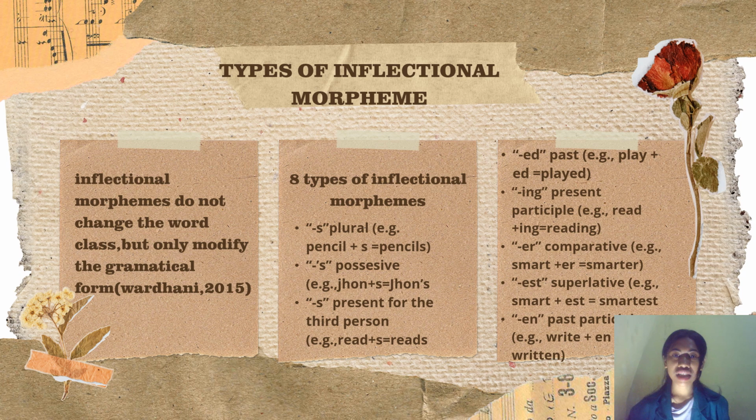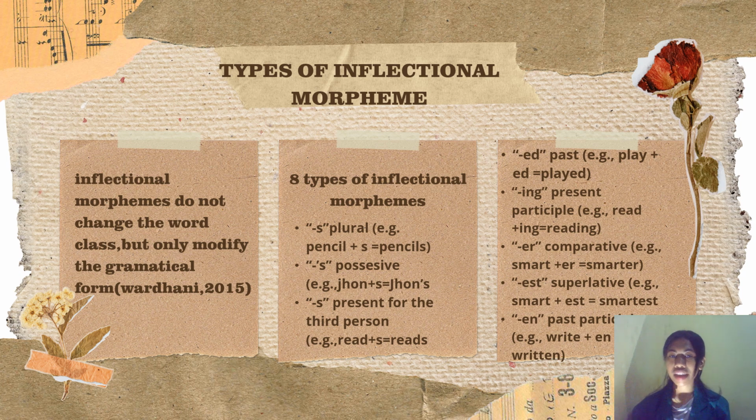First, s as plural. For example, pencil, added s, becomes pencils. It indicates that pencils is not only one but more than one. And the second is 's as possessive. For example, John and adding 's becomes John's.